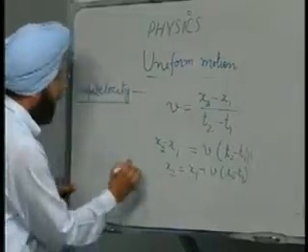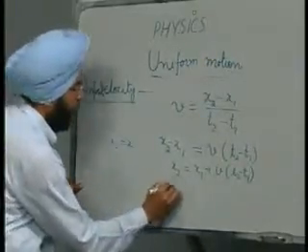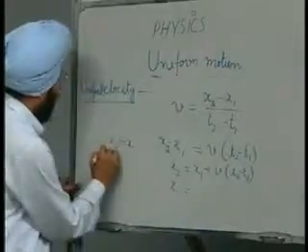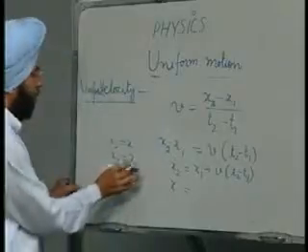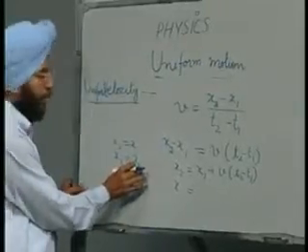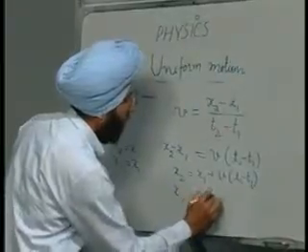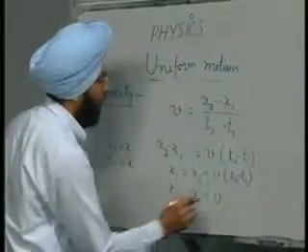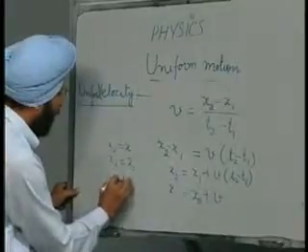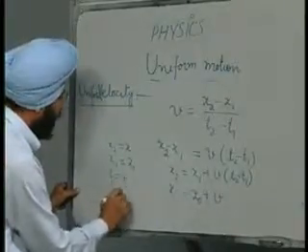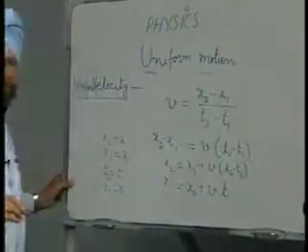If we take x 1 equal to x 0, displacement at zero time, we can write this as x 0 plus v, and t 2 we take as t, t 1 as 0, we can write this as v t.